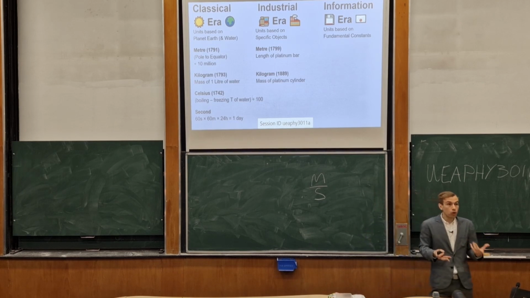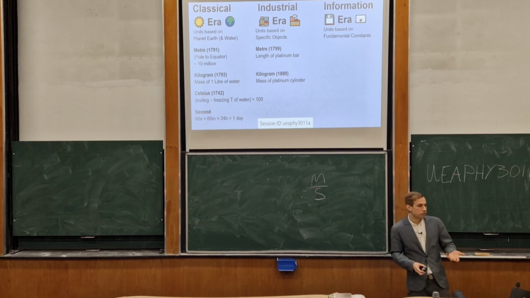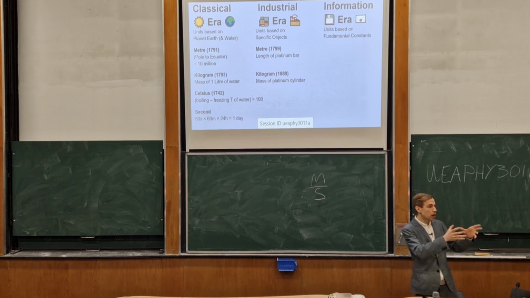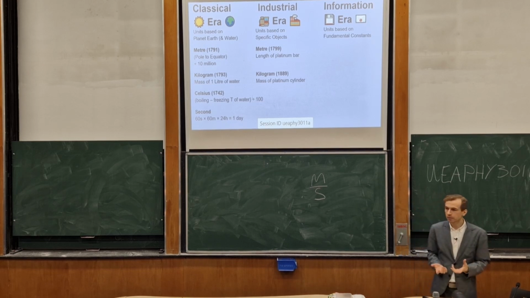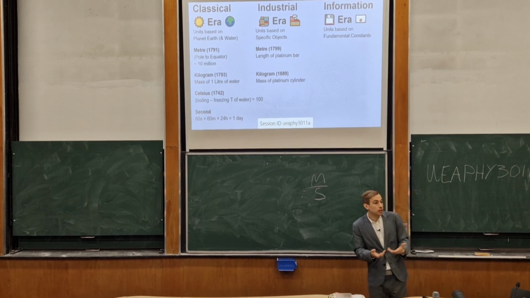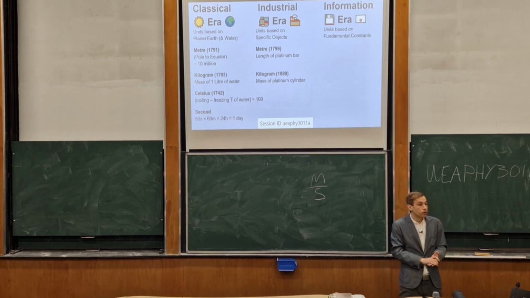So in this era, the modern era of units, all units are based on information. You can write down the definition of a unit based purely on information, and it doesn't rely on any physical objects. And it's a really important way of approaching units because it's reproducible. And it gets back to what was so good about the classical era of units, that in principle anybody could reproduce them.